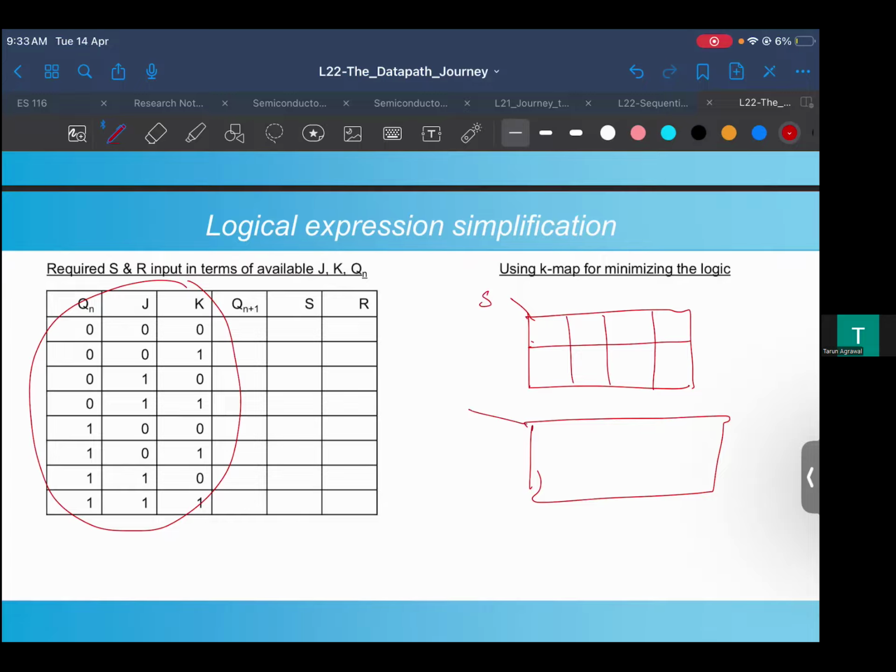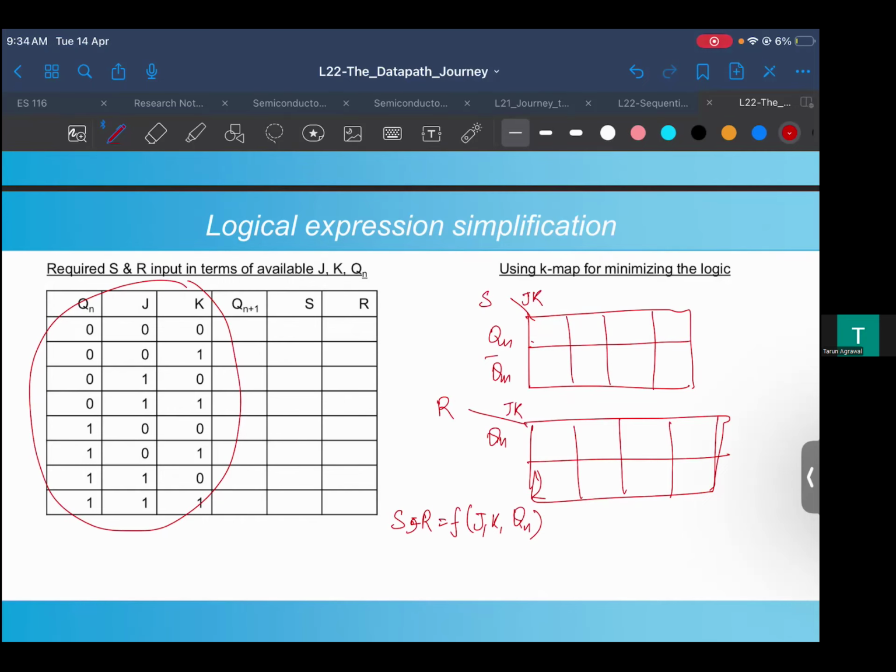This is for R. One entry is your Qn and Qn bar, and one entry is your J and K. I'm fairly confident that you will be able to find the expressions of S and R in terms of a function of J, K, and Qn. That is the objective.